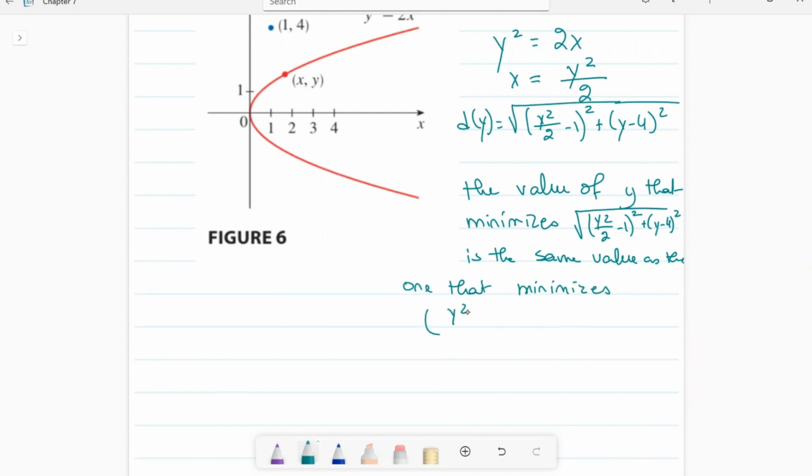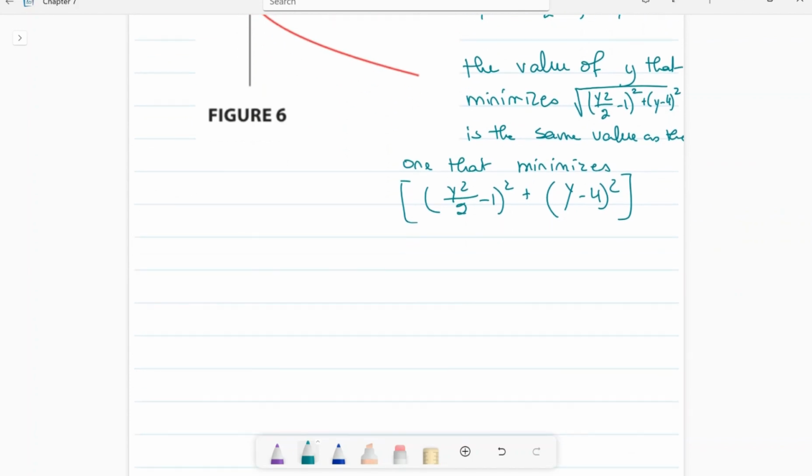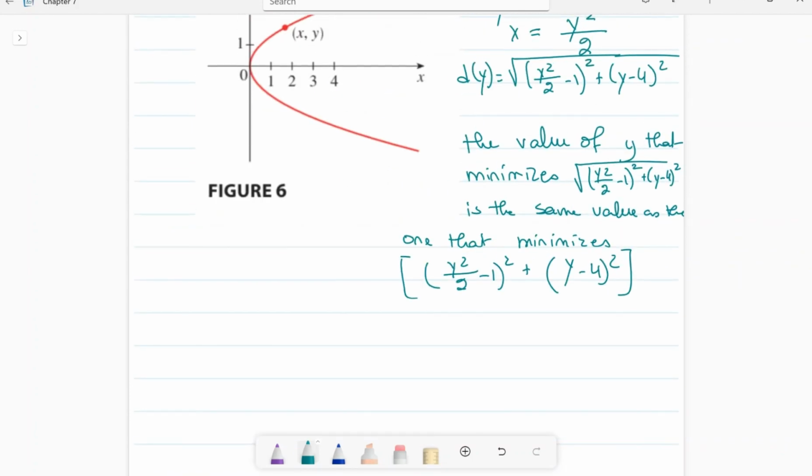So d squared is (y squared over 2 minus 1) all squared plus (y minus 4) all squared. So we can simply square d and find the value that minimizes it.